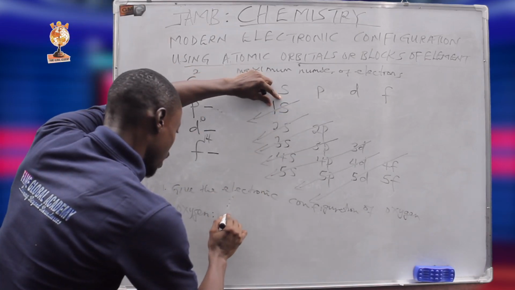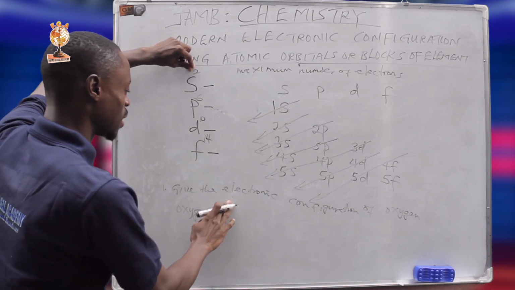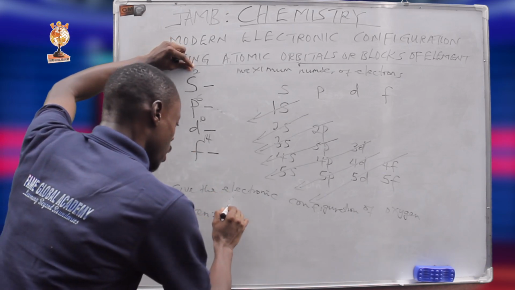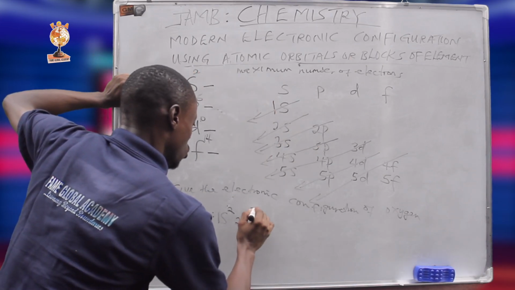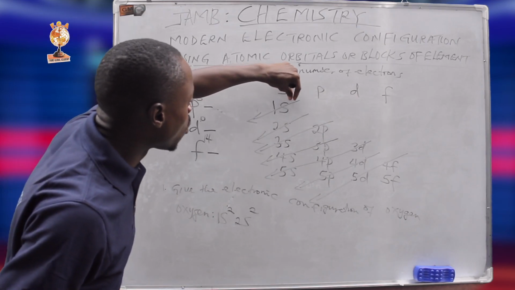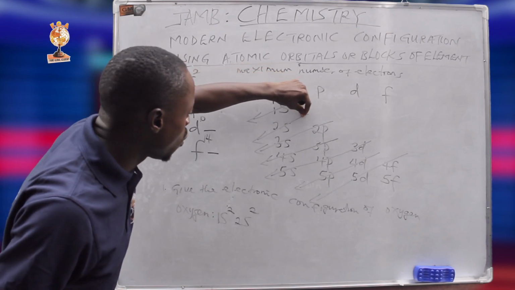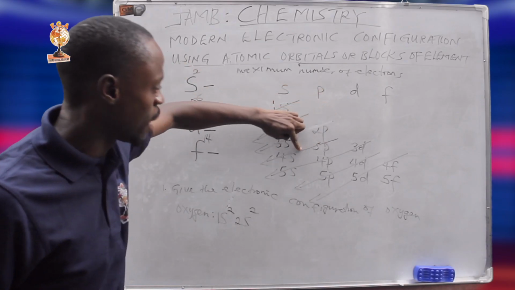Pick 1s. Mind you, I just said the maximum number of electrons that the s orbital can take is 2. So write 1s2. Then you pick in this manner. You write 2s2. This direction is showing us the movement from the lowest energy level to the higher energy levels.